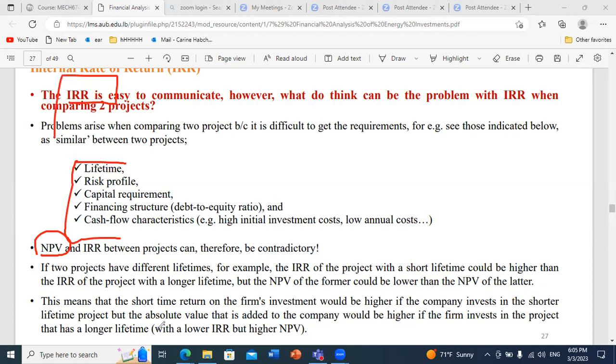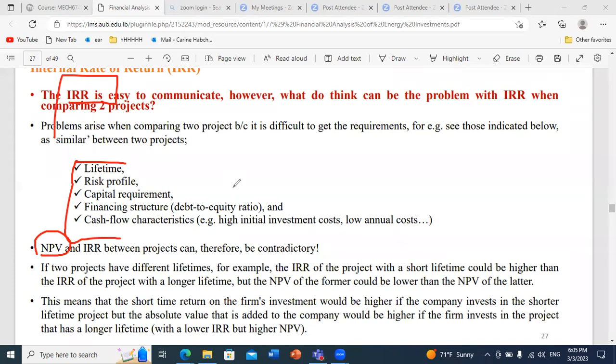What we mean by this is, if you go through a project that has a smaller lifetime, the payback period is relatively short, and you will gain money. Maybe the ratio of net present value to investment might be higher than the other option.